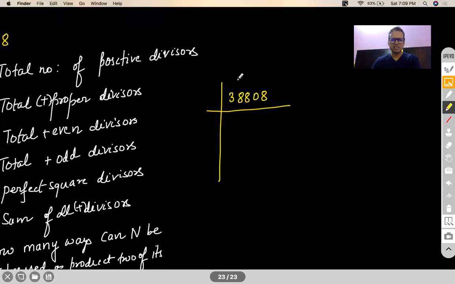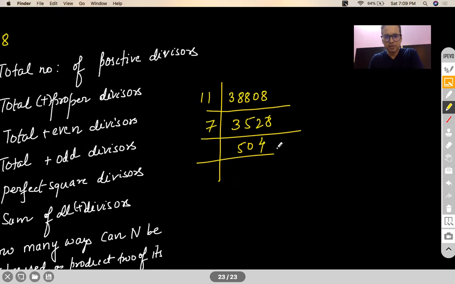The biggest number I can think of is, if you take the even ones, 11, 19. 19 minus 8 is 11. Yes, so it is having a factor of 11. So this will give me 3, 58. So 5, 3, 0, 28. Correct. Next 7, 5, 0, 4. Next 3, 168.